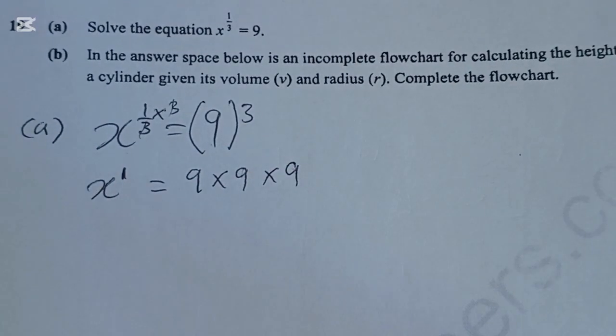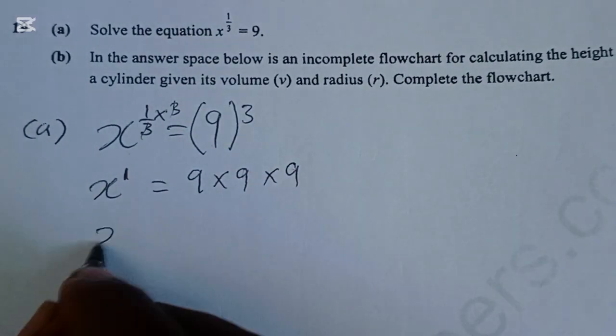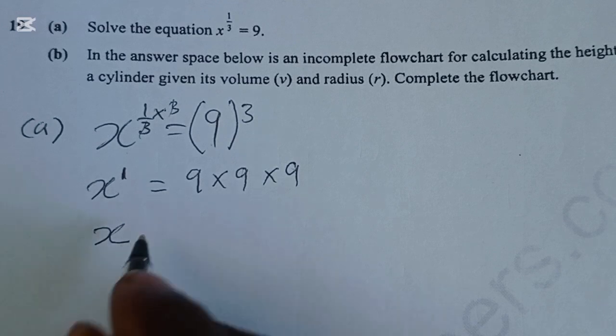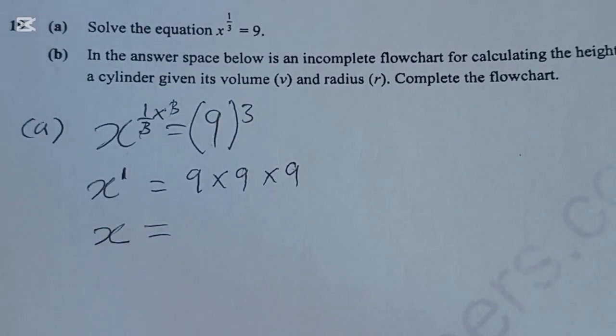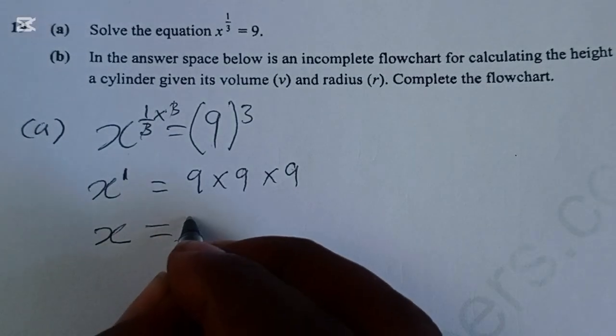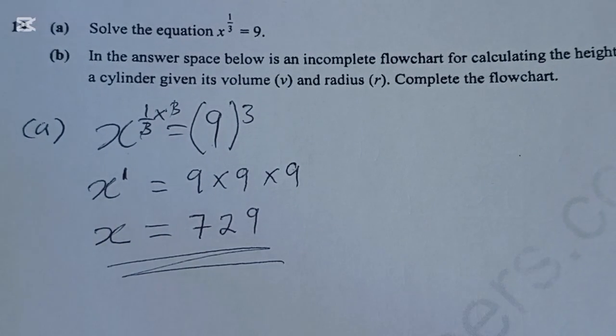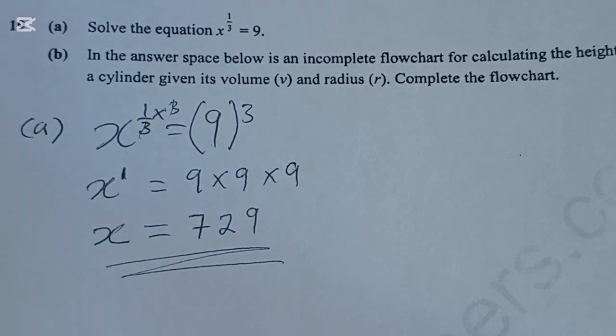Any number or letter to the power 1, it is the number or letter itself. So 9 times 9, it is 81. So 81 times 9, we are going to have 729. So this is the value of x.